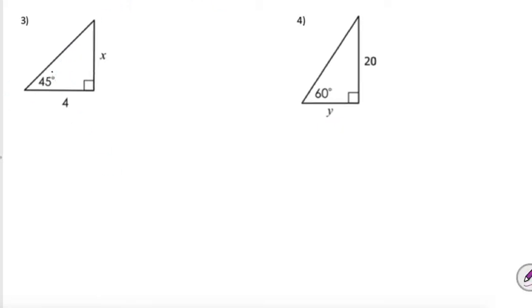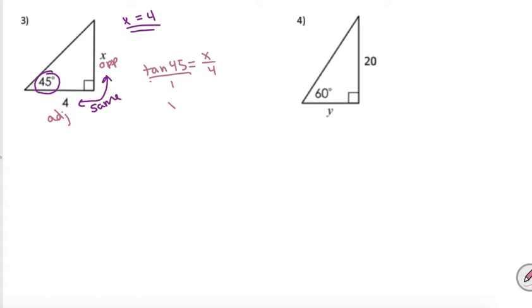On number 3, when I circle this, I see 45, so I can use my special right triangle that says these are the same, which tells me x has to equal 4. But again, if you want a consistent way that does it every time, we have opposite and adjacent, and we can use tangent of 45 equals x over 4.